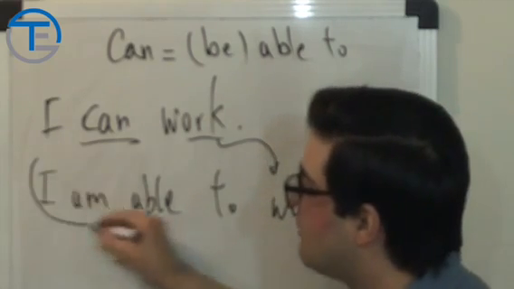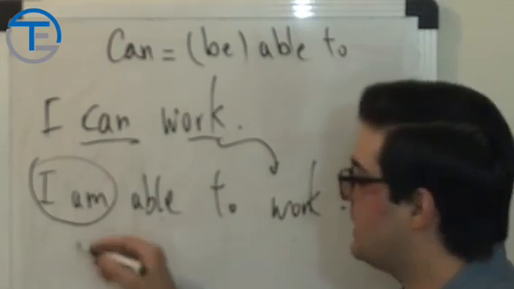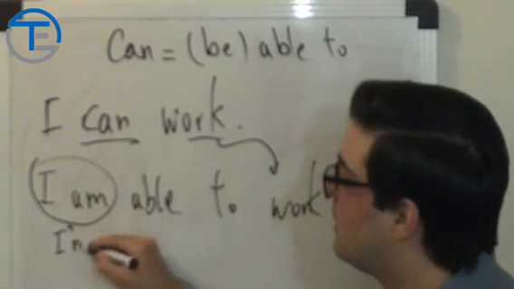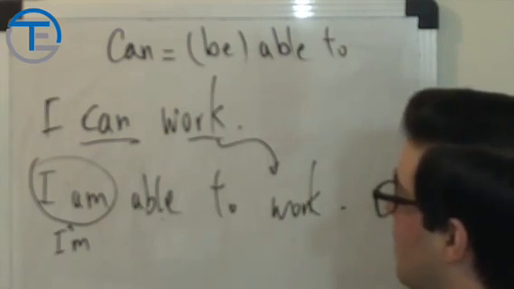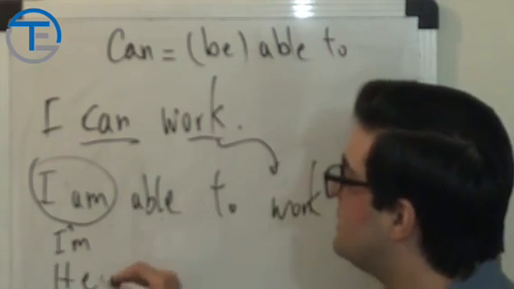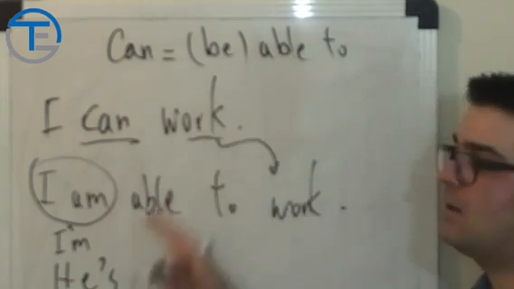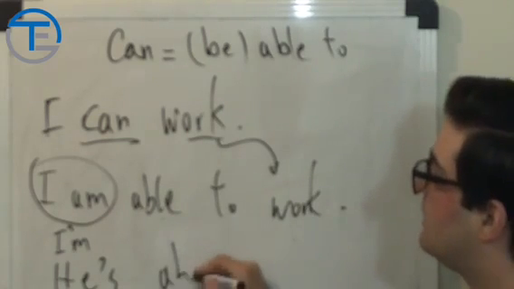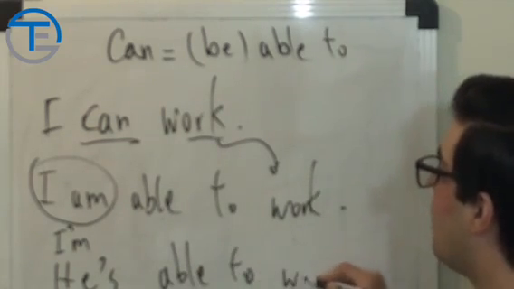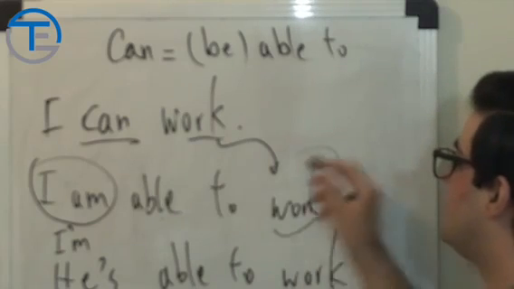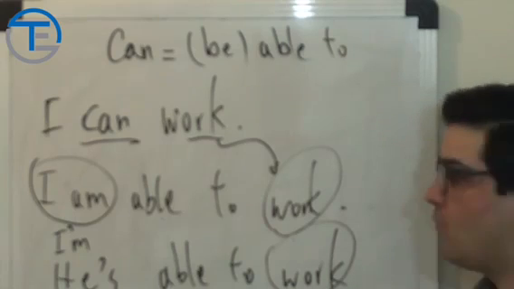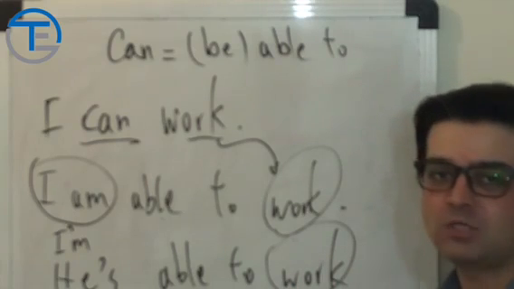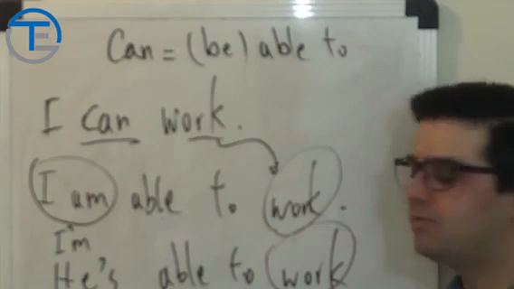Or use contraction for I am, that you can say I'm able to work. Or he's, be here, he's able to work. So here you have to use your verb in the simple form. Work, listen, watch. Okay, in the simple form.